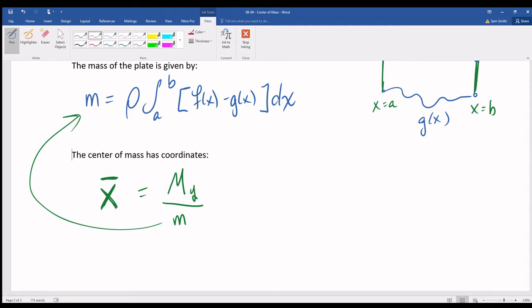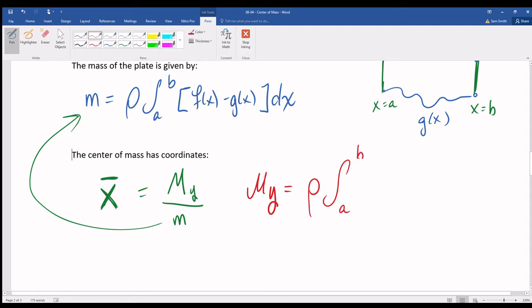Okay, so let us come up with an expression for m sub y. M sub y is equal once again to the density times an integral from a to b of x times f of x minus g of x dx.